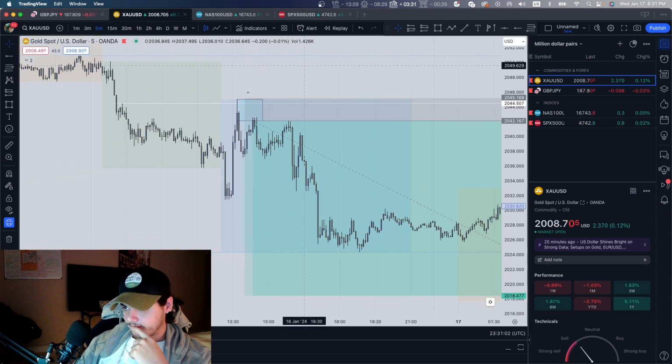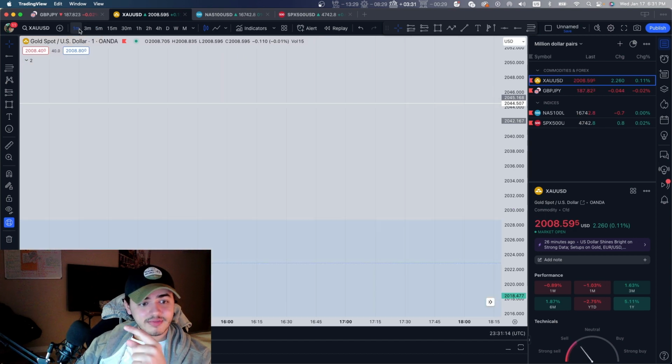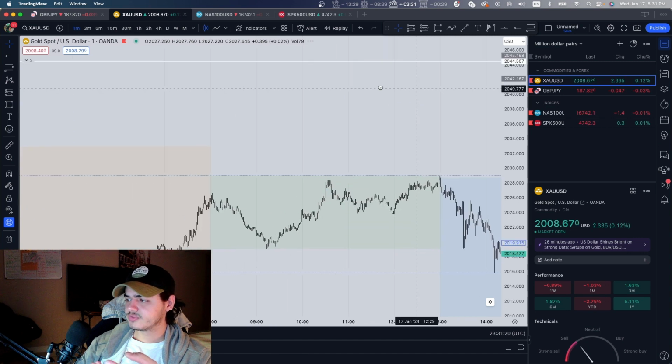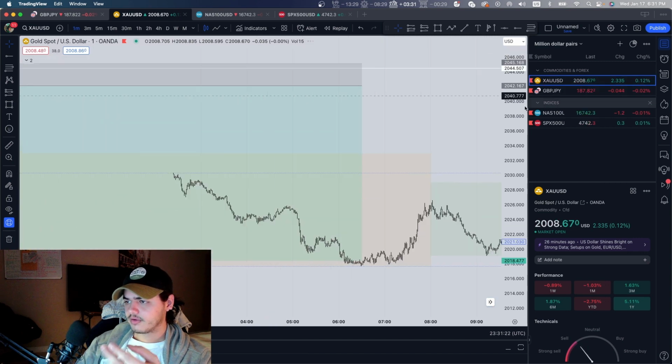Where do we see it? The last high before this fair value gap was swept, and I have this 5-minute break of structure. Perfect. What's next? Once I see the 5-minute break of structure, I go into the 1 minute, because I don't want a 1-minute break of structure. That time frame is too little for that.